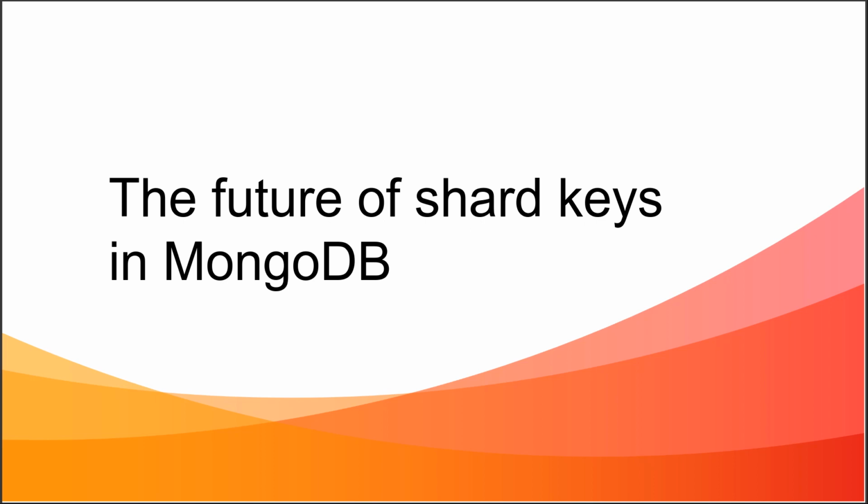Now, one of the cons of using a hashed shard key is that if you have more queries than you do writes, or if you have a lot of queries that use intensive sorts and need a lot of data from different places, then your queries will have to go out to all the different shard members, gather that information, and then bring it back into memory and sort it. Vinicius had mentioned OOMs, out of memory errors.